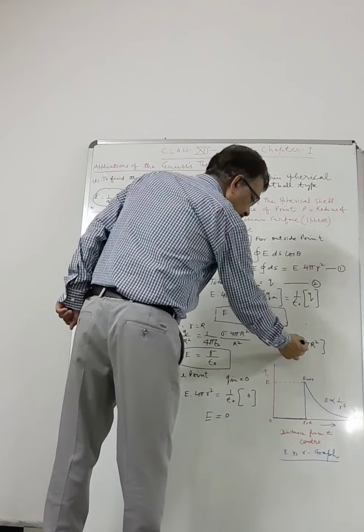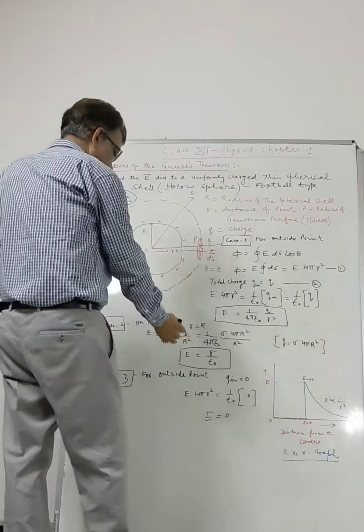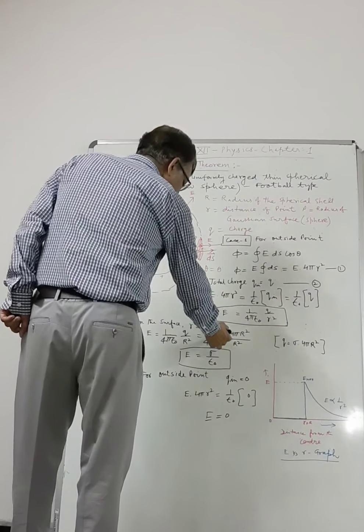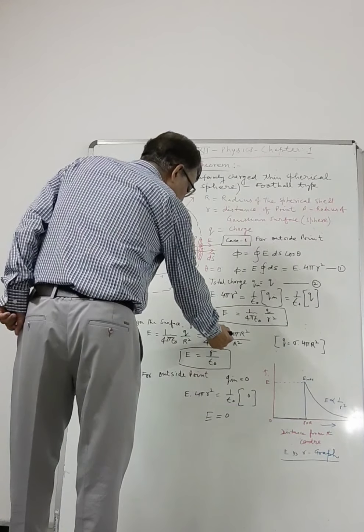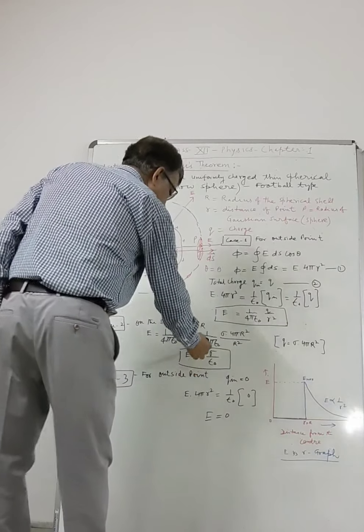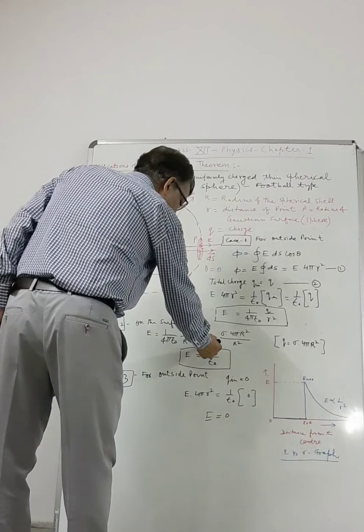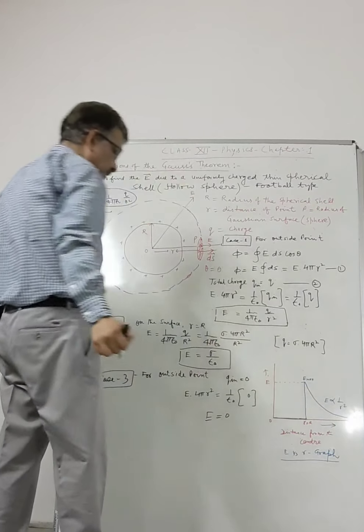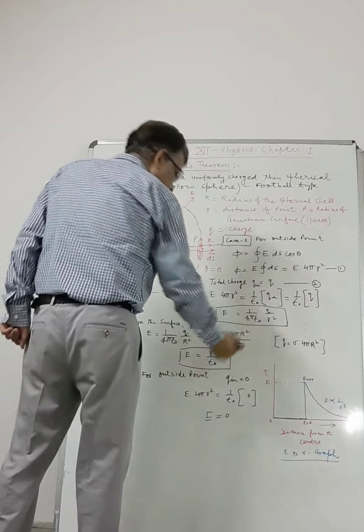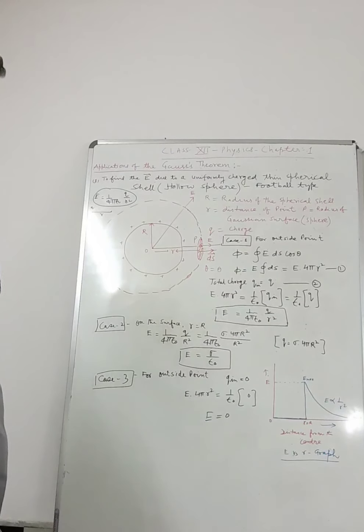So this will be 4 pi r square. Put the value: 1 by 4 pi epsilon naught sigma into 4 pi r square. So 4 pi cancels out, r square will also go.